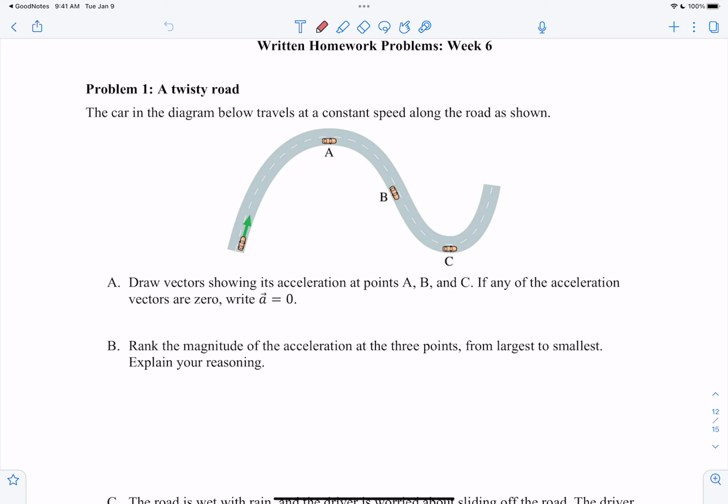Hopefully now it looks better. Blurry again.